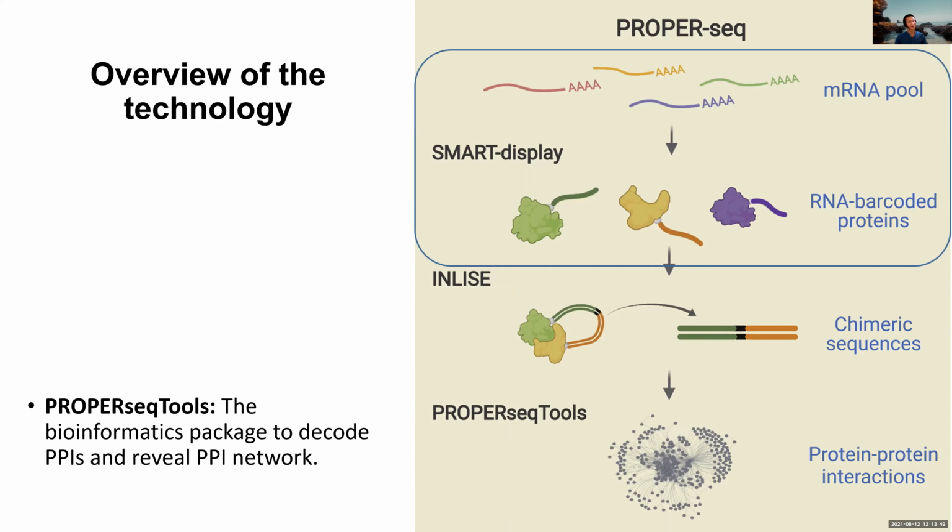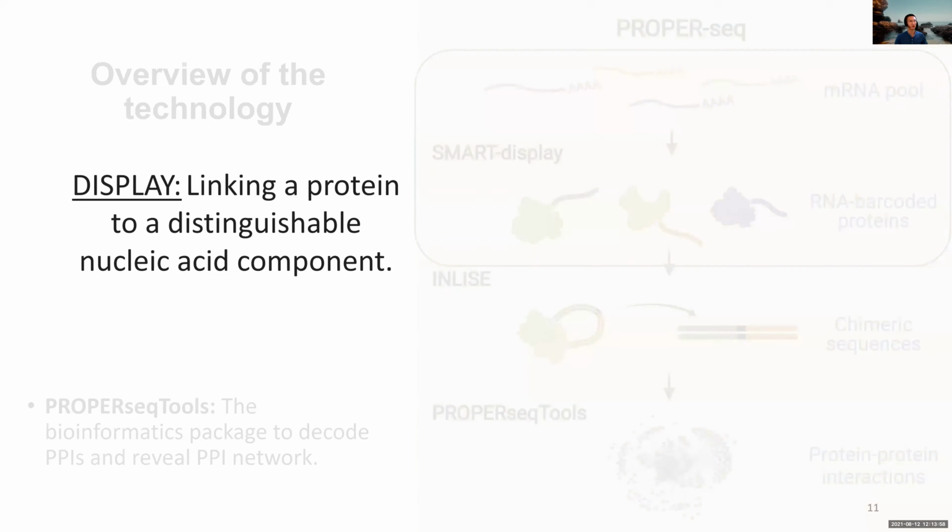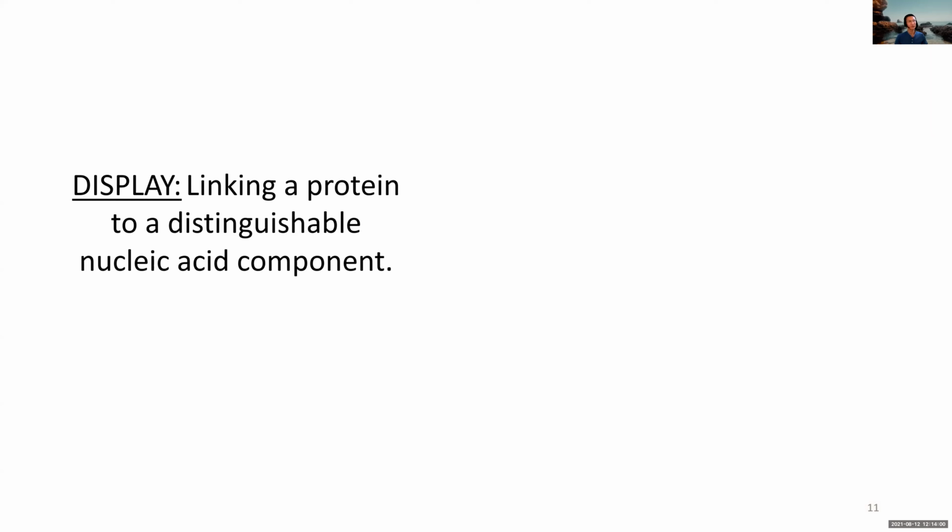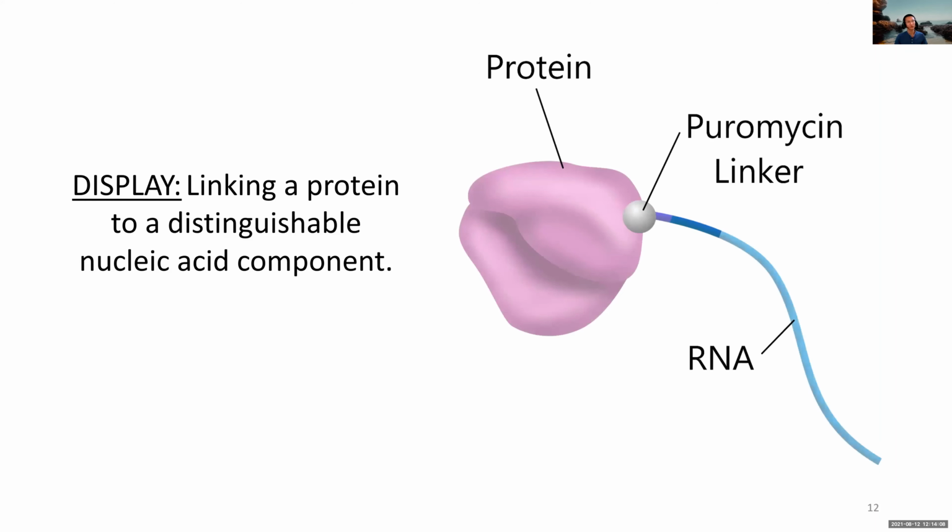So I will go into a little depth on the first step, which we call smart display. It is a display technology. In general, protein display technology is a technology to link a protein to a distinguishable nucleic acid component, such as the one shown on the right-hand side here.